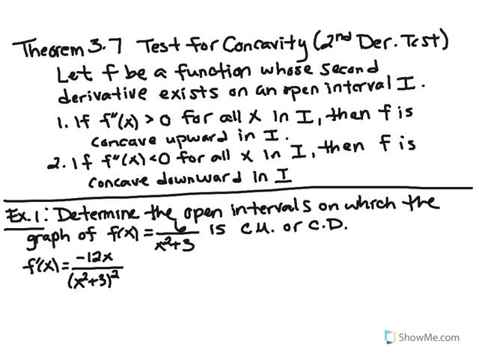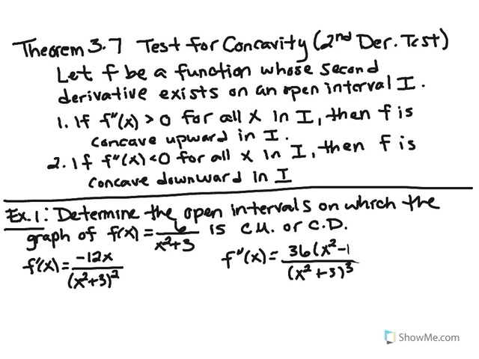So in order to get the second derivative, I take the derivative of this, and that will yield f double prime, as we say, to be 36 x squared minus 1 all over x squared plus 3 cubed.